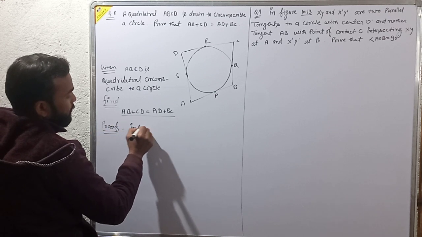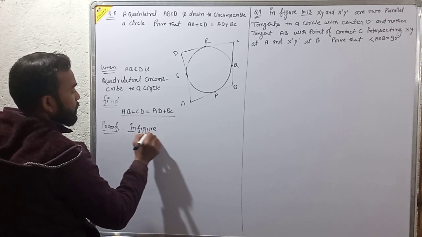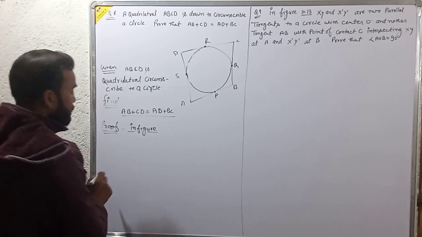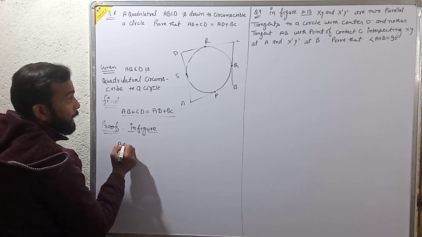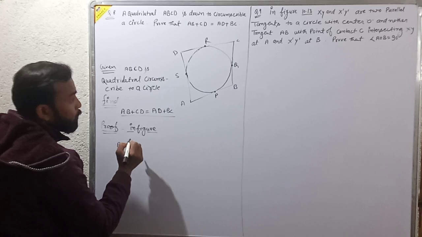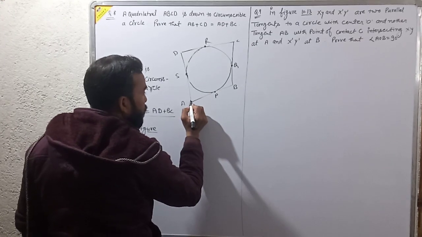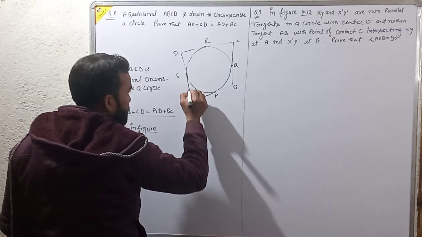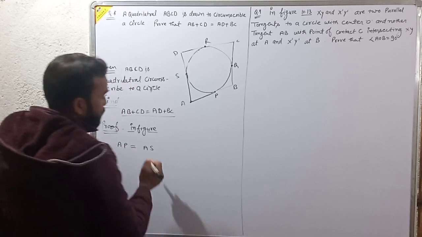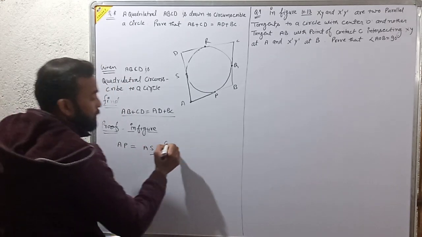In the figure, AP is equal to AS. Since from point A, AP and AS tangents are drawn, so AP is equal to AS.